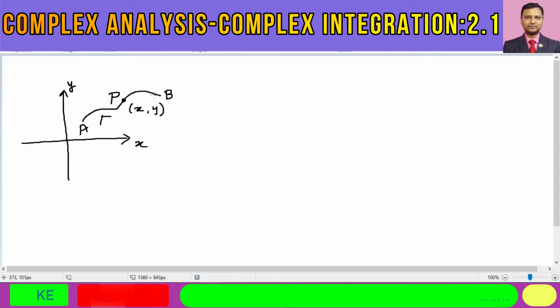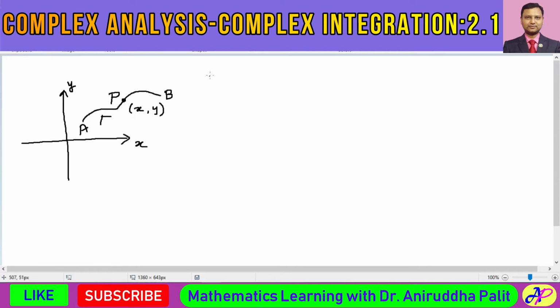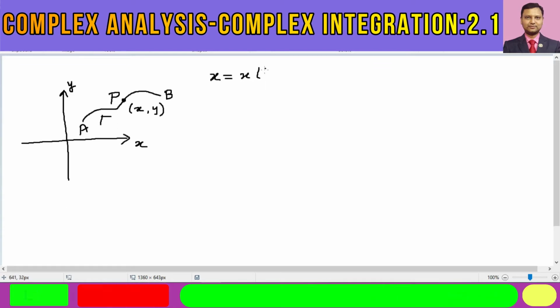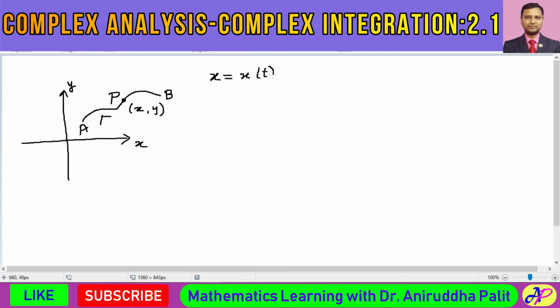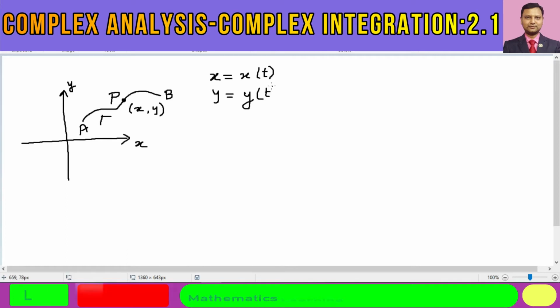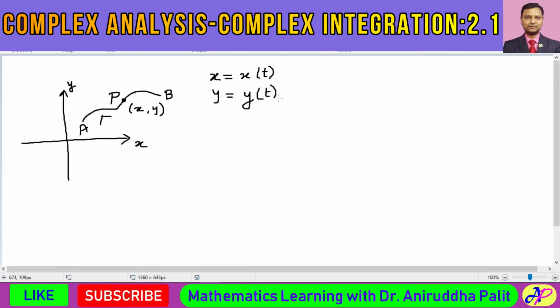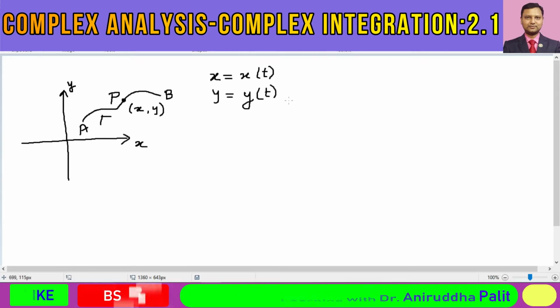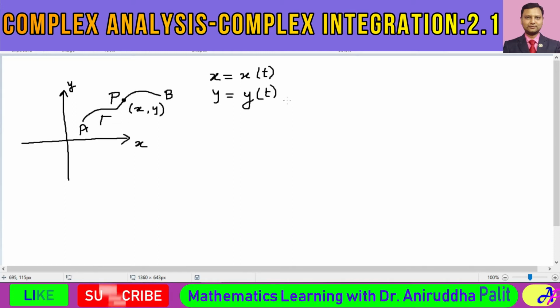And how would they change? This x would be some function of a parameter, let us call it the parameter t, and y would also be a function of the parameter t.